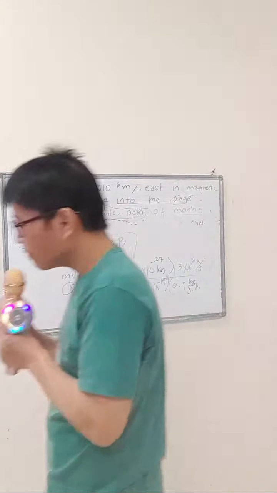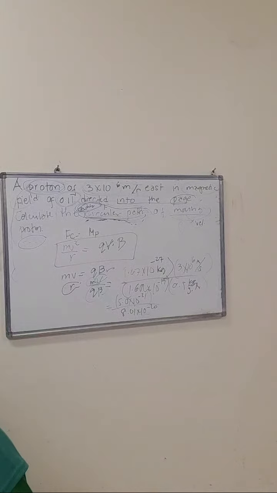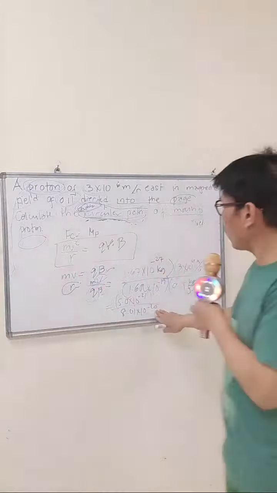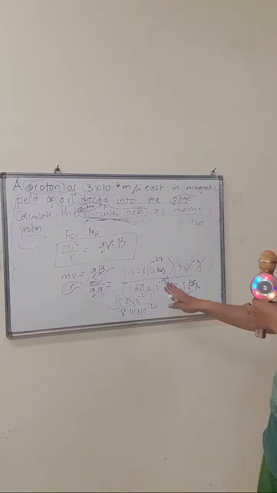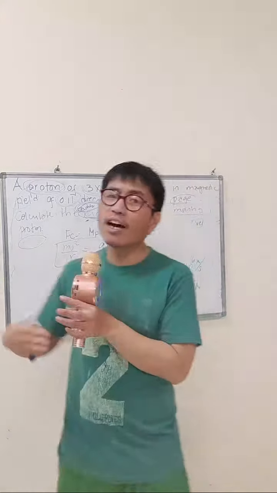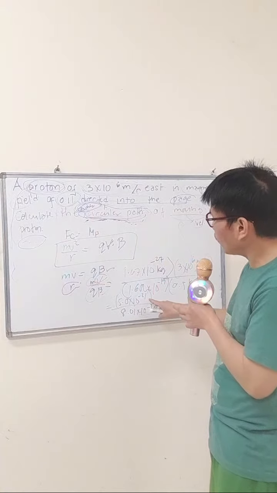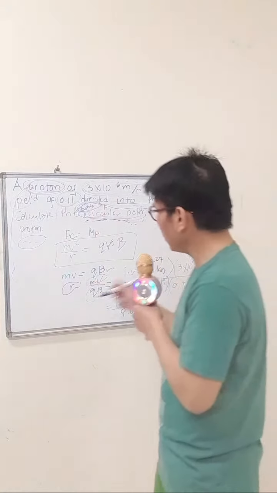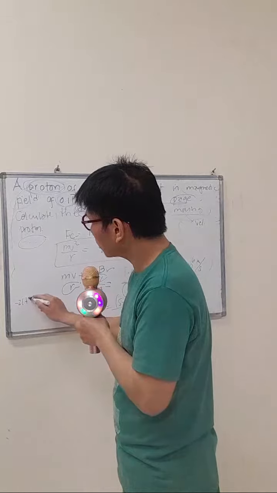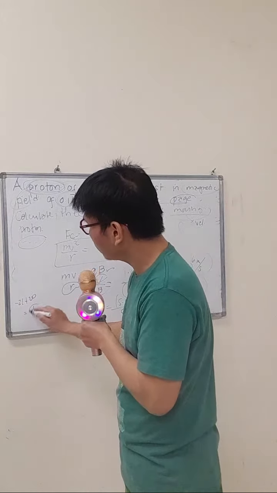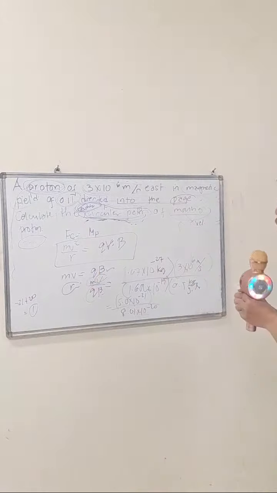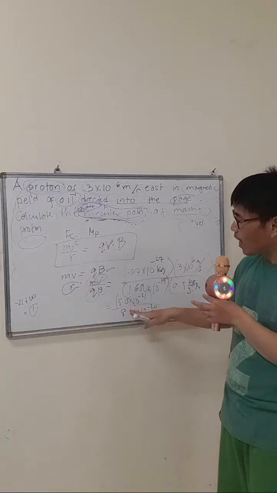Now guys, in math, if you have a negative exponent and you transpose it to the numerator, you treat it as a positive. Negative 21 plus positive 20 is equal to negative 1. So it's exponent negative 1 now. You just need to divide the figures. It's the same story.